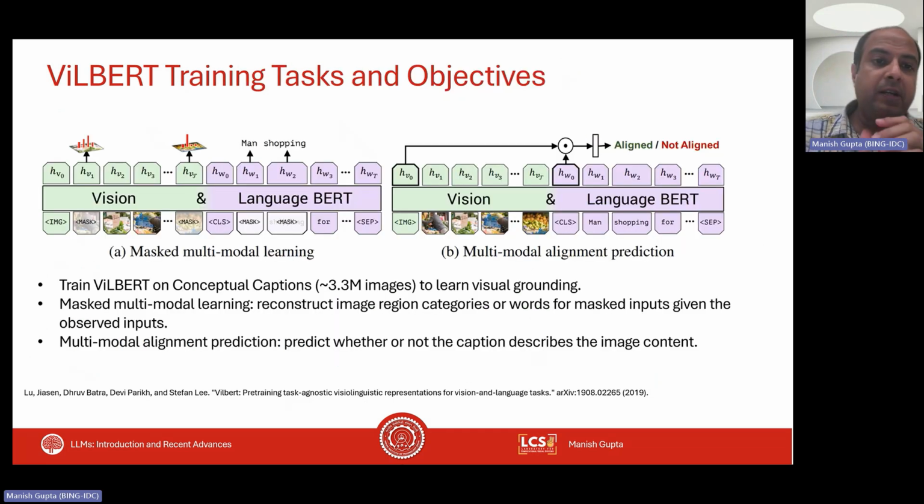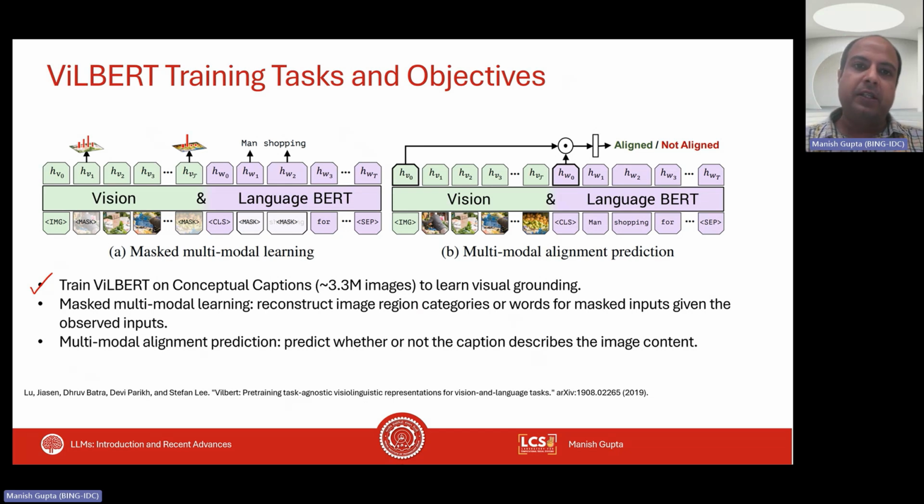Now, another interesting part about Wilbert is that rather than depending on manually labeled MS COCO data, they actually depended on Conceptual Captions data. This dataset of Conceptual Captions is obtained in an automated manner by scraping things from the web. So the idea is that on the web there are Wikipedia pages, news articles, and many other web pages where you have an image, and underneath that there is a caption. Okay.